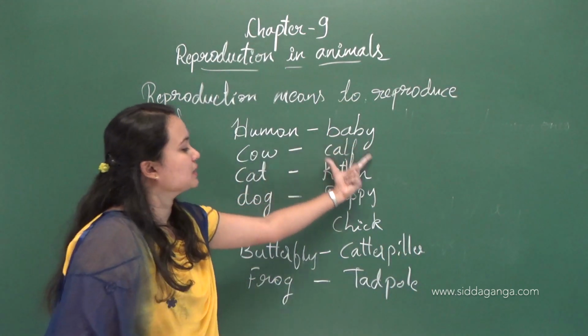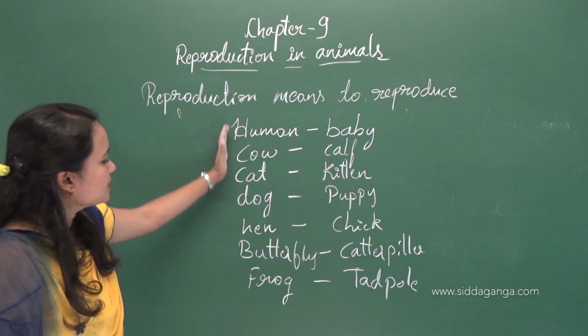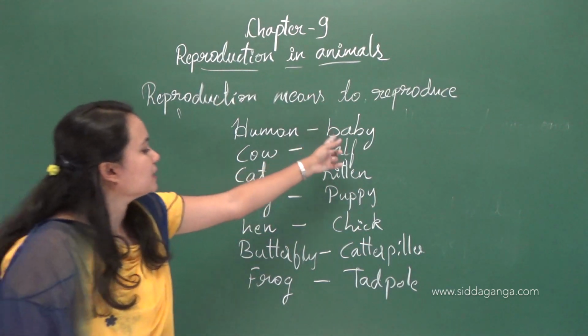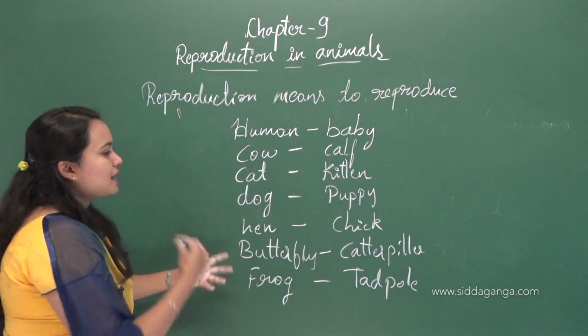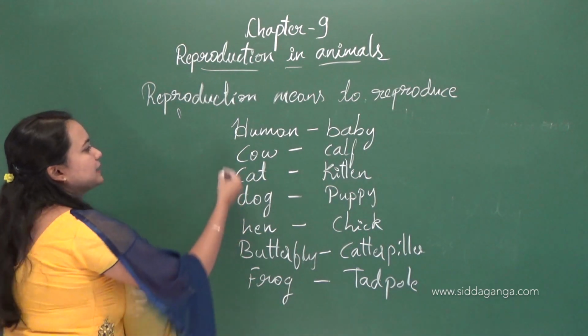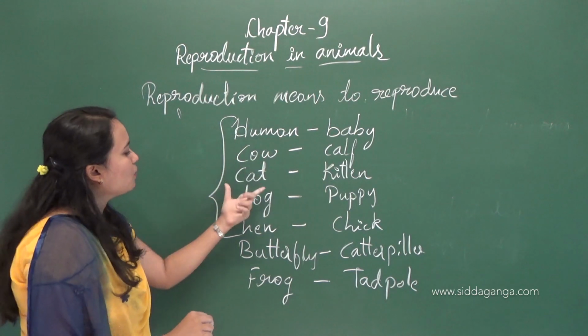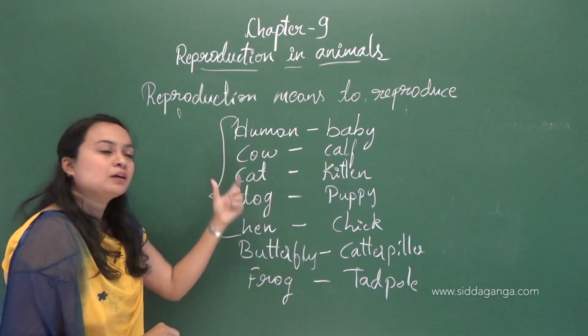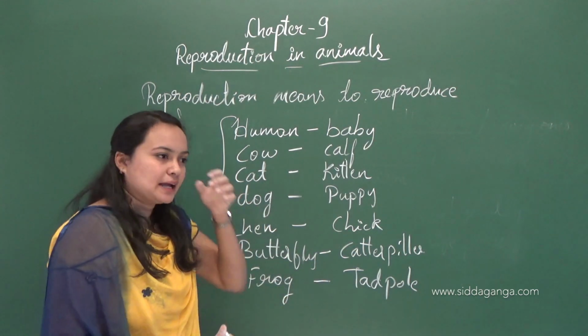So these are the young ones of the parent. If you consider this as a parent, then these are the young ones. But there are some different cases. Organisms like human, cow, cat, dog, hen reproduce young ones which are similar immediately.